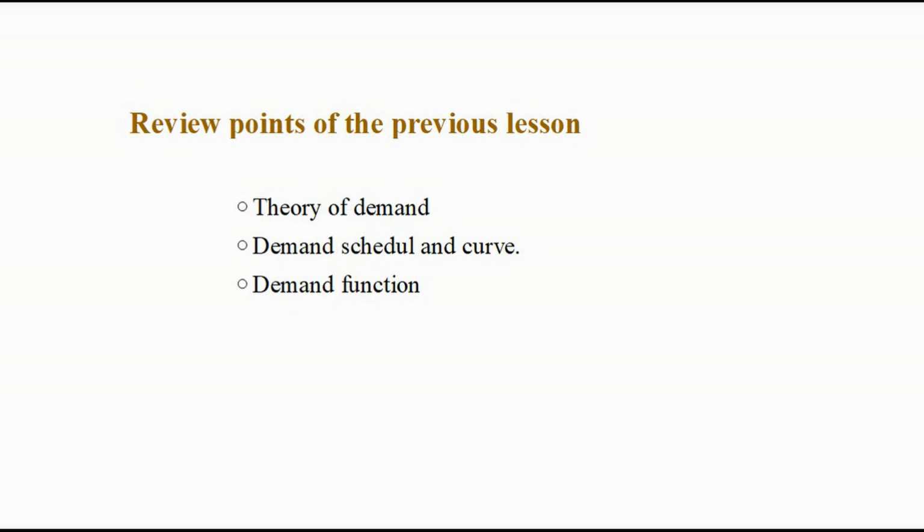A demand schedule is a tabular statement that states the different quantities of a commodity that would be demanded at different prices. And a demand curve is a graphic representation of demand, individual demand and market demand. A demand function is a functional relationship between demand and factors. In the demand schedule, there is individual demand and market demand.